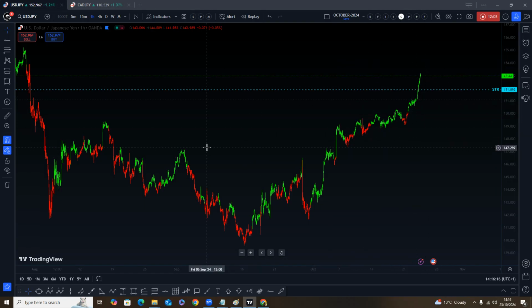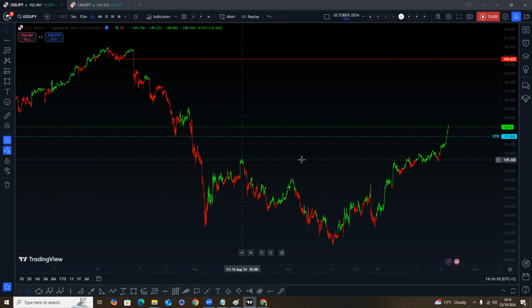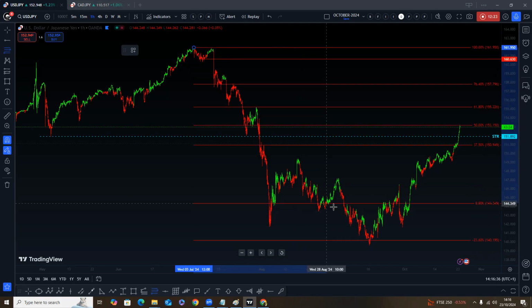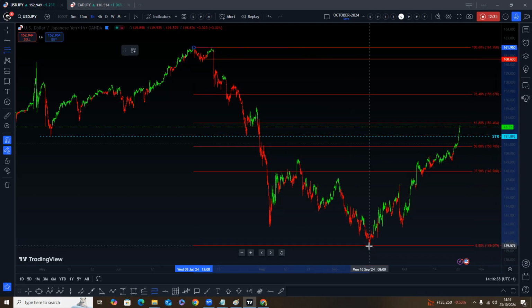So we have a good setup here. A break back below the structure 151.89 will give us a continuation of this trend. The best way to approach this is to draw the Fibonacci from the top of the trend to the bottom of the trend.